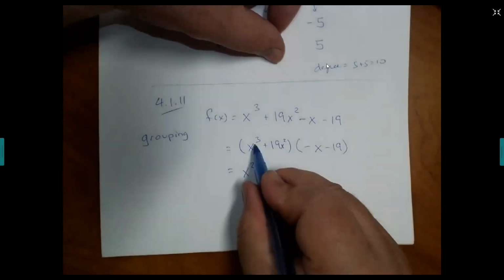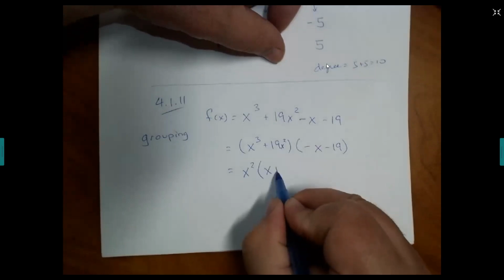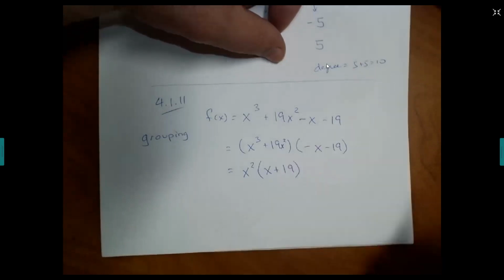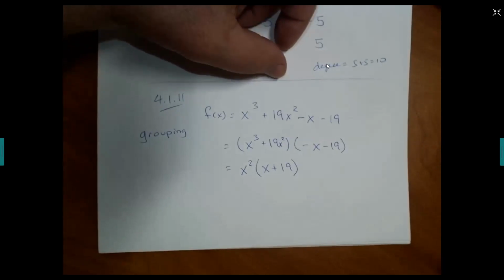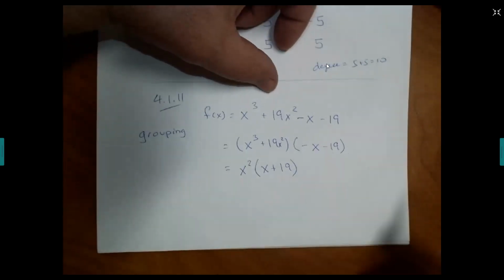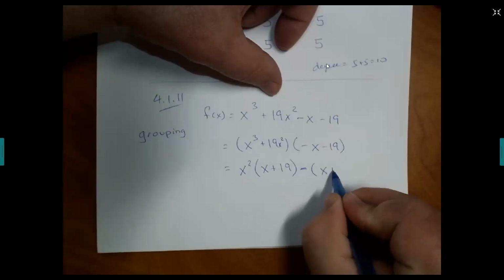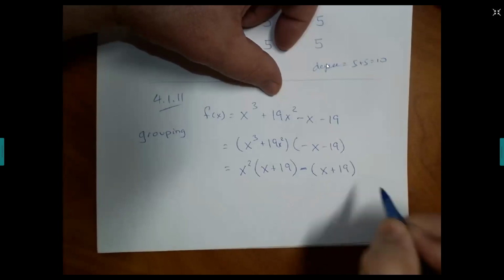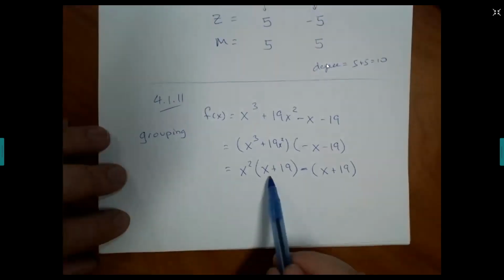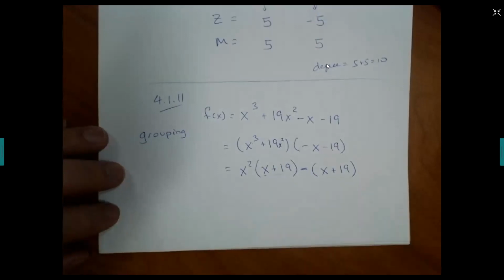So if I take out x squared from here, I just have 1 left. And that's the first parenthesis. How about the second parenthesis? What do they both have in common? They both have a negative. Yeah, so I take out the negative, so I change their signs. What we're trying to do is make whatever's inside the parentheses look the same.